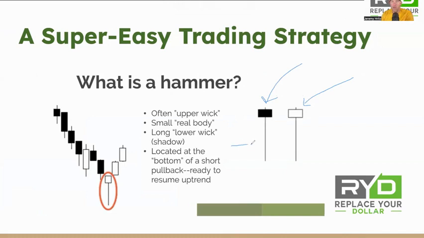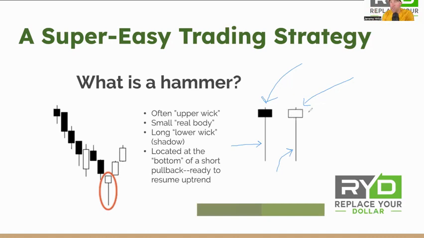So you have a long lower wick, right, which indicates buying pressure. People are buying the stock, pushing the price up. And you'll notice that the top of those candles, the candle body is almost like a little hammerhead, right? It's a small body.